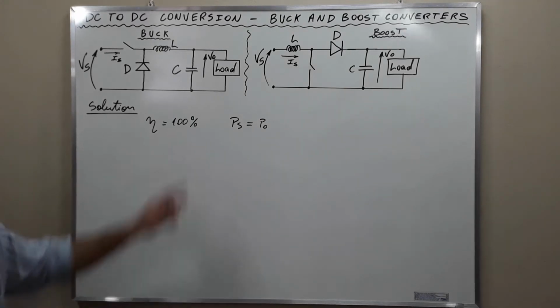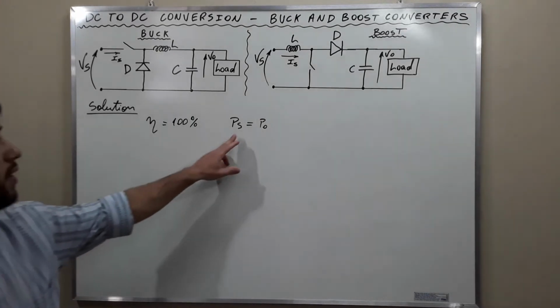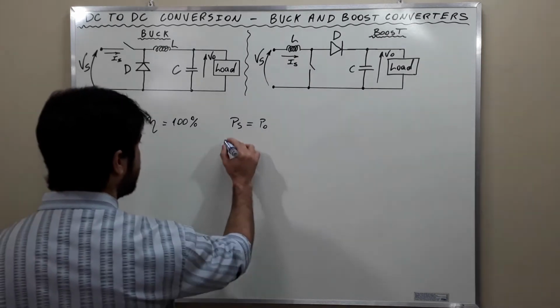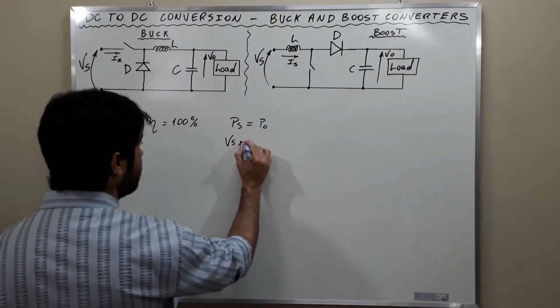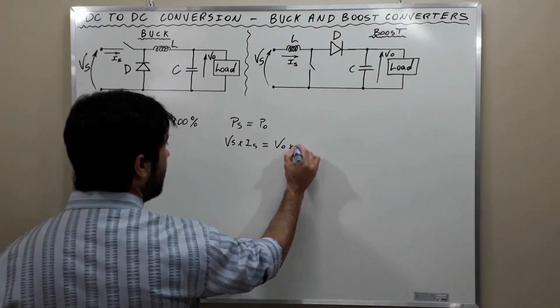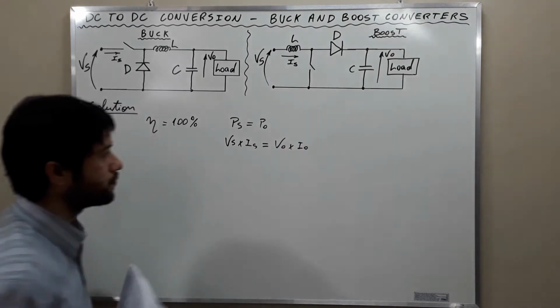If the efficiency is 100%, the input power is equal to the output power. Whenever this happens, we can say that Vs times Is is equal to Vo times Io.